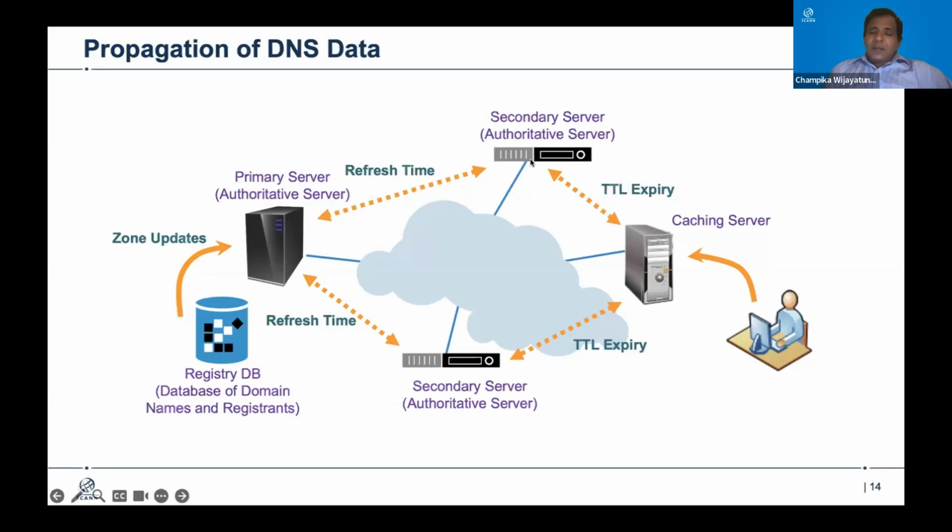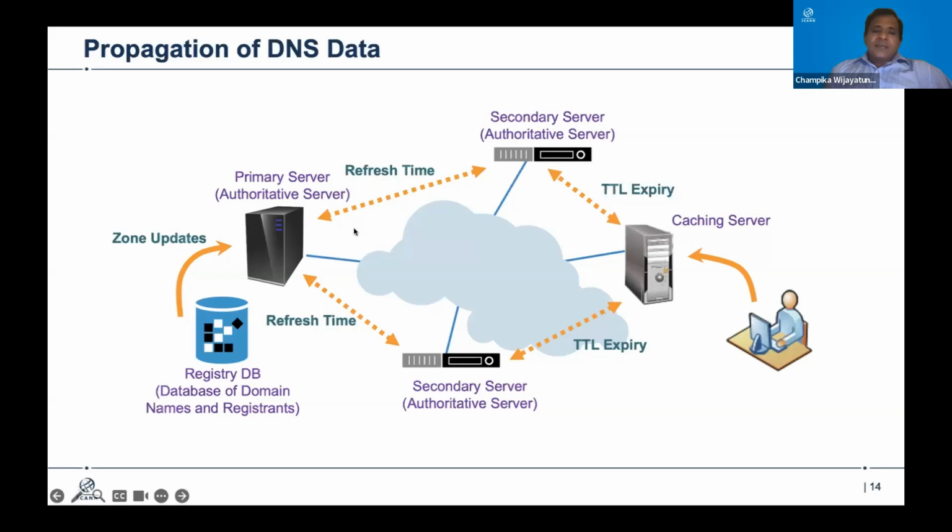But if the primary serial number is higher, then the secondary knows that there has been a zone update, so there will be a zone transfer so that the secondary can be updated. So we have to manage the consistency. Of course, you may have to wait for that refresh time, 12 hours.